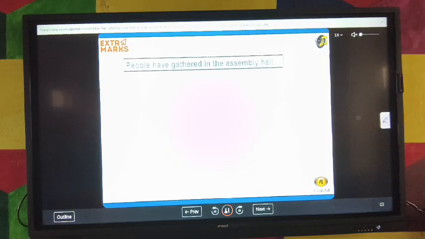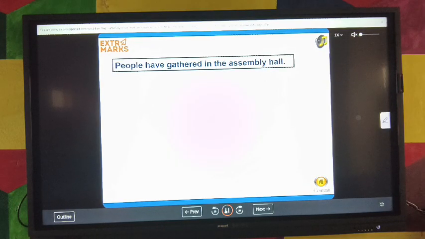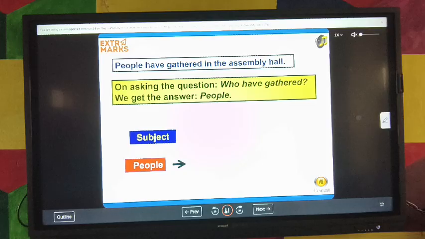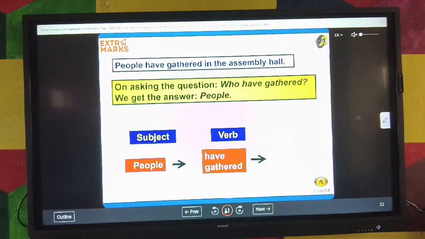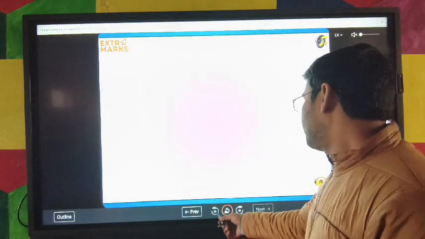Let us see some more examples. People have gathered in the assembly hall. On asking the question, who have gathered, we will get the answer, the subject.